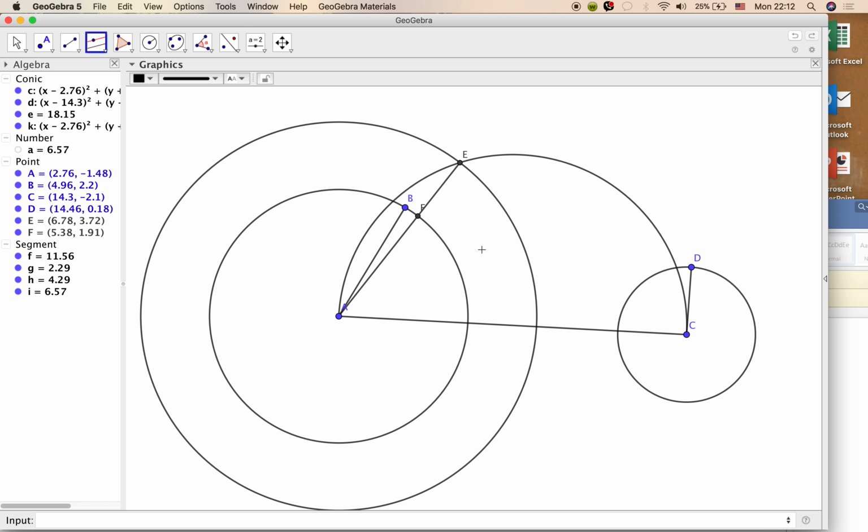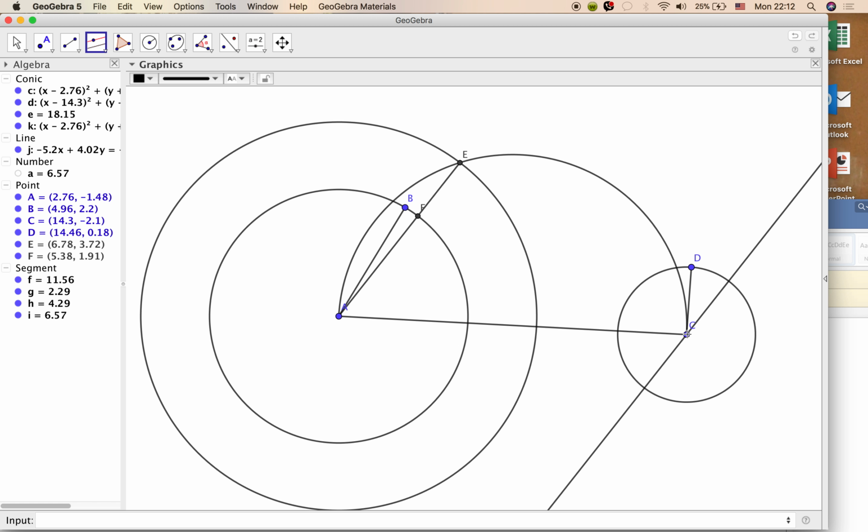So I want to find the line segment parallel to AF through point C and label that intersection. And now we have our internal tangent.